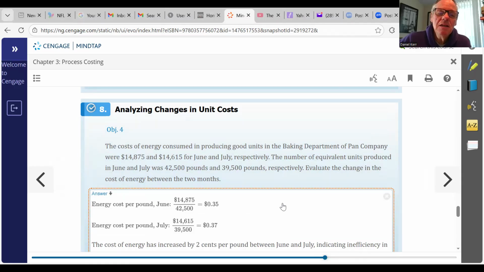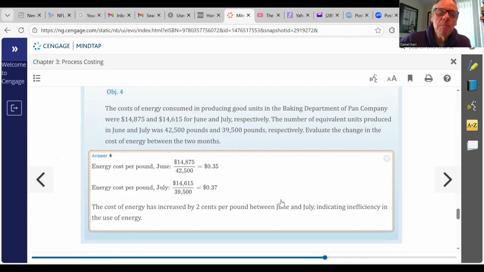Okay, welcome back. So the energy cost per pound in June was 14,875 divided by the equivalent units of 42,500. So the energy cost per equivalent unit was 35 cents in June. And in July, it was 14,615, and the equivalent units was less, 39,500.